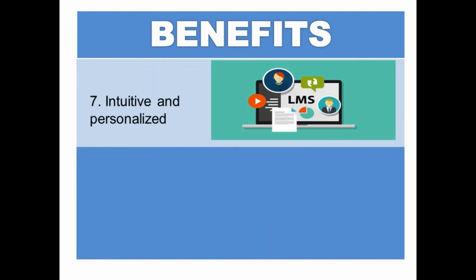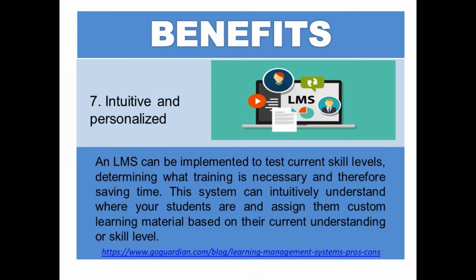An LMS can be intuitive and can be personalized. An LMS can be implemented to test current skill levels, determining what training is necessary and therefore saving time. This system can intuitively understand where your students are and assign them custom learning material based on their current understanding or skill level.